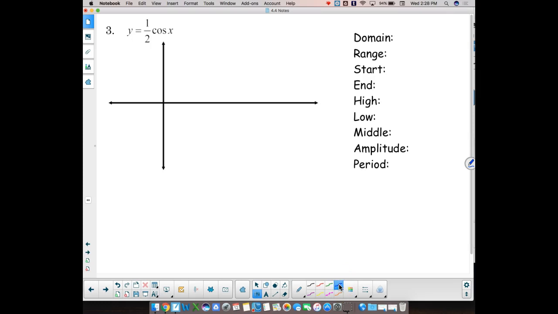Okay? So this one has an amplitude of 1/2, which means my high is going to be 1/2. My low is going to be negative 1/2, because my middle didn't change. Stayed at 0. I start at 0, I end at 2 pi, because my period is 2 pi.